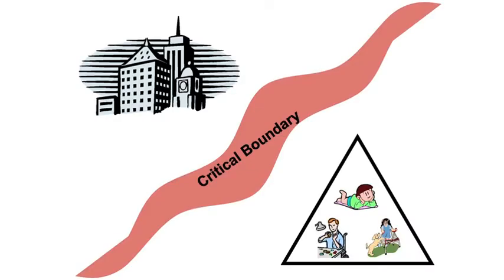So in this diagram, the lower right represents the services system, the upper left represents the community, and we know there are boundaries dividing those two worlds, those two parallel universes. How can we bring people together across those boundaries?